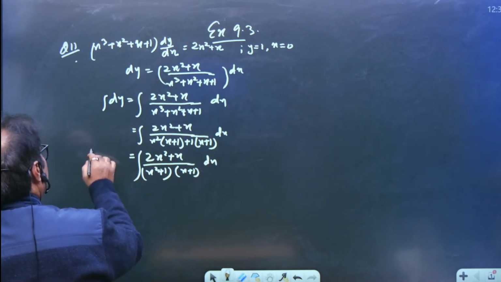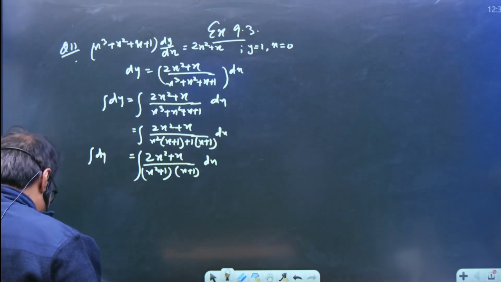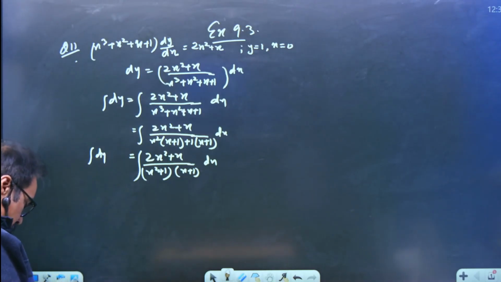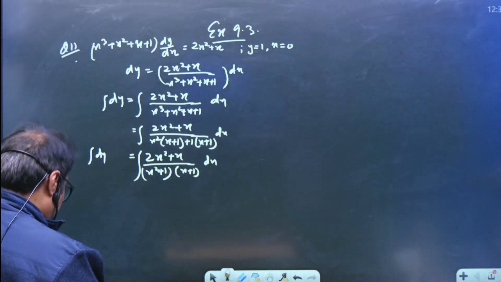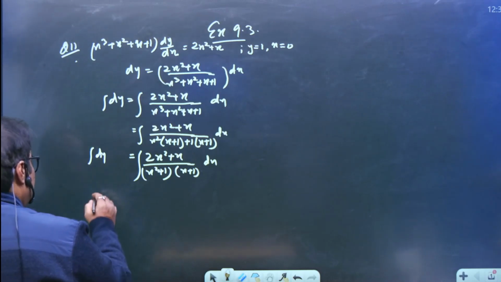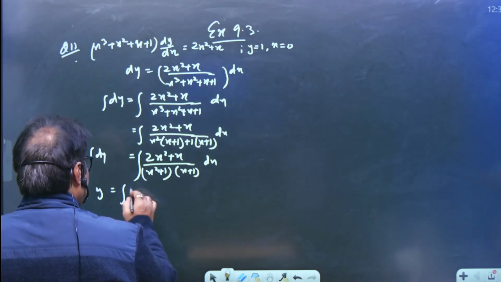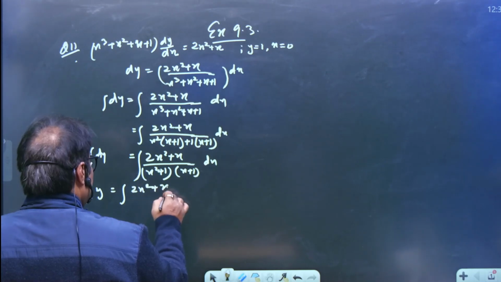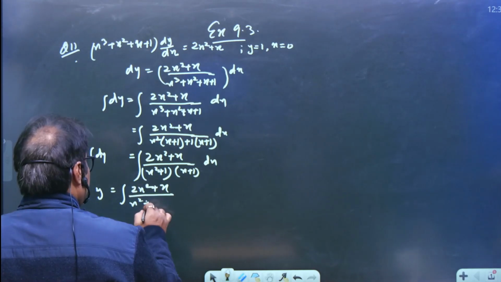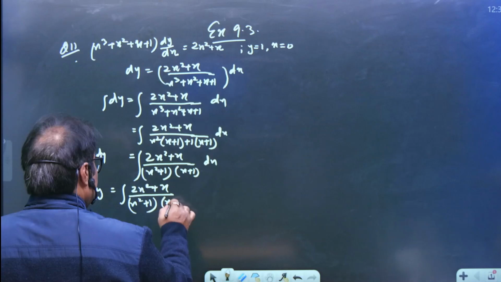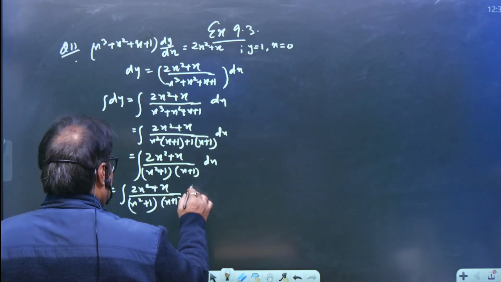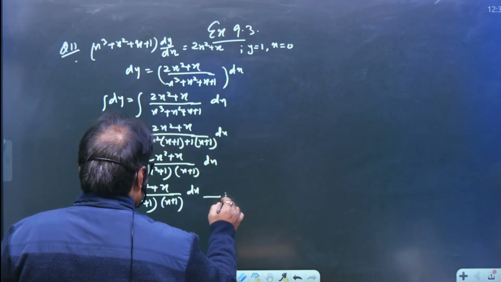Now the integration of dy is y. So y = the integration of (2x² + x)/((x² + 1)(x + 1)) dx. Okay, and put it as result number 1.